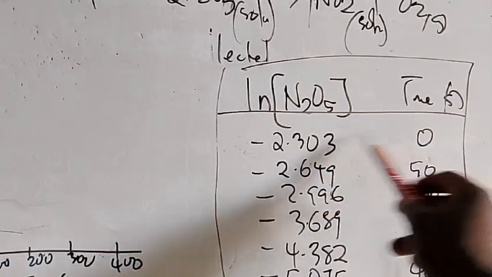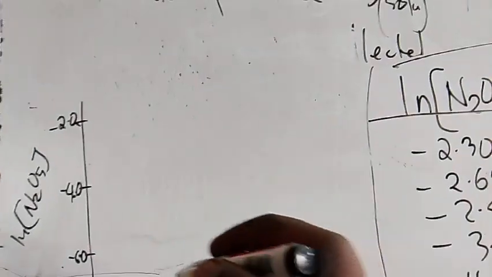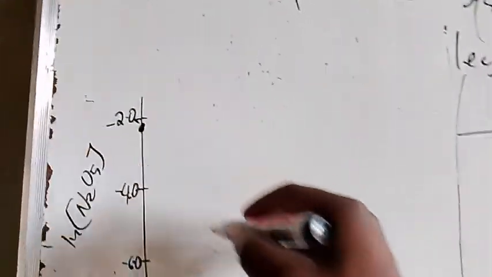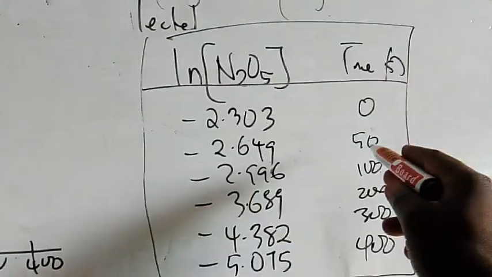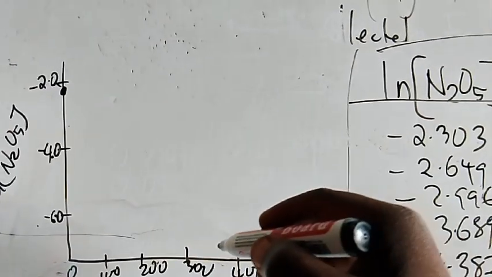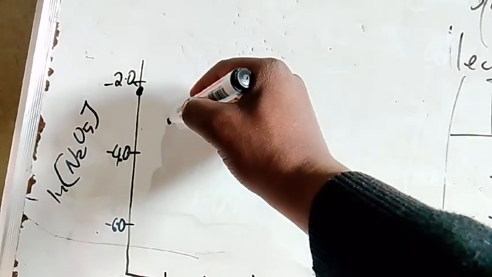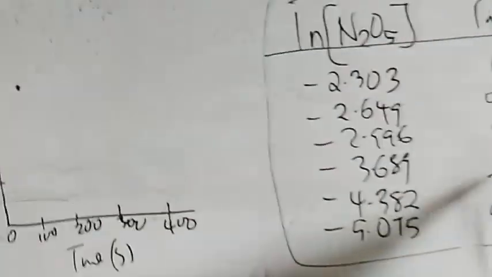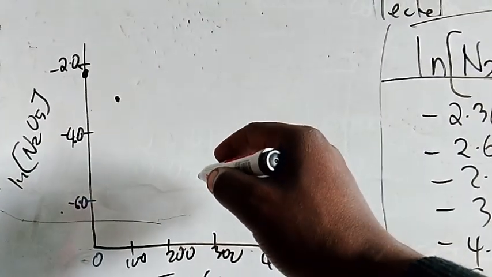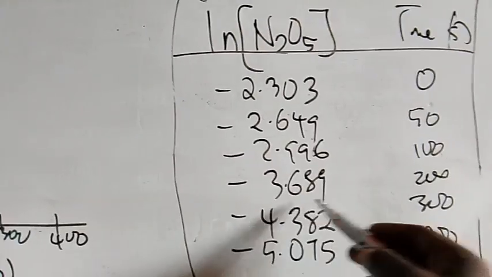Then now we plot. So 0, -2.3. Okay, so you can have it somewhere there. Then we plot 50, -2.6, somewhere there. Okay, then we have 200, -3.689.